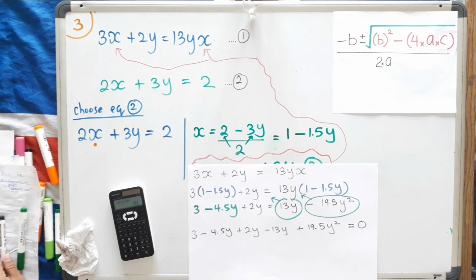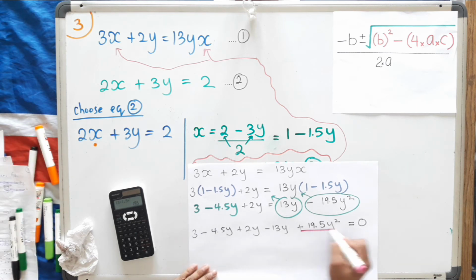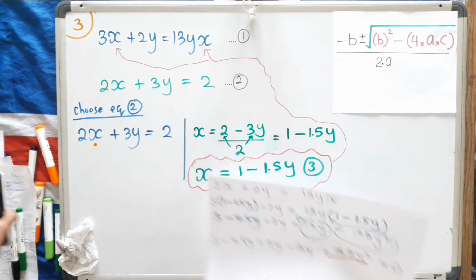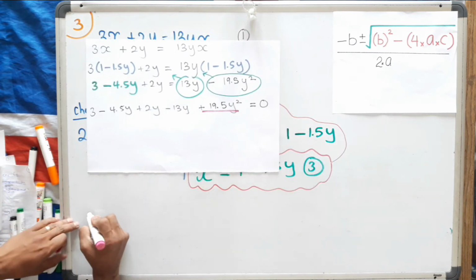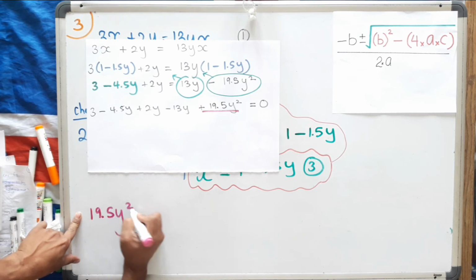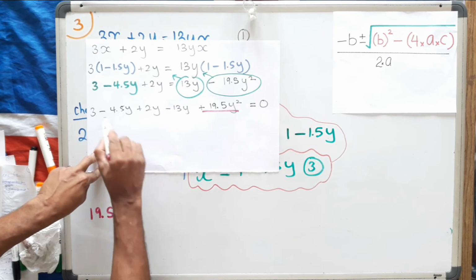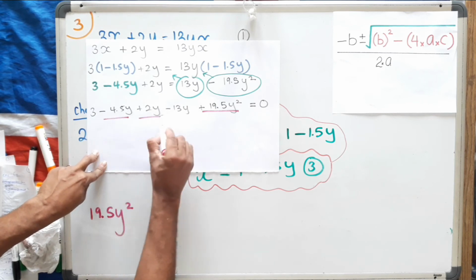So I think we should add up all the y squareds, all the y's, and everything without y. In other words, group the similar items. 19.5y squared, we can do this here one time. We have three sets of y's here: 1, 2, 3.